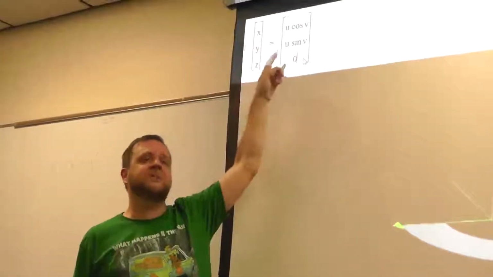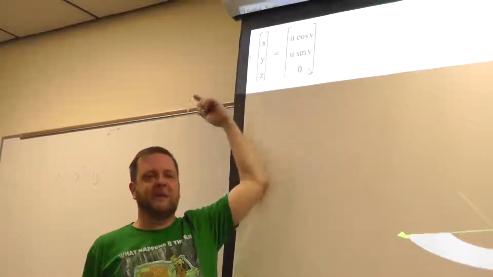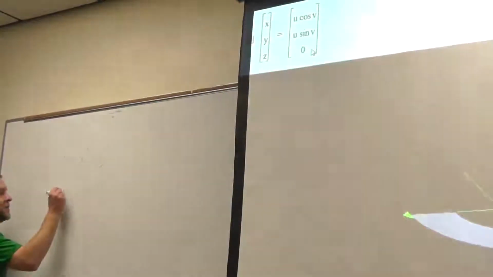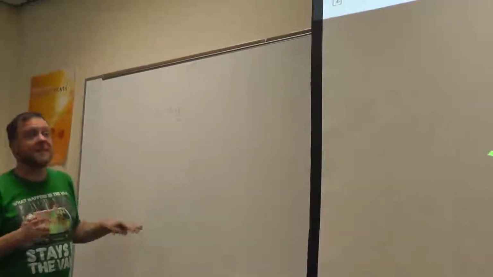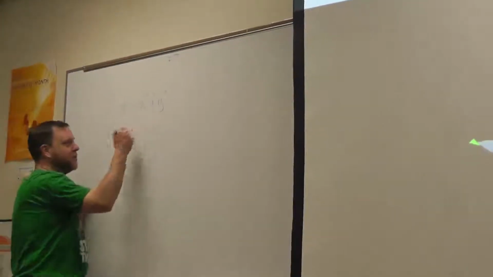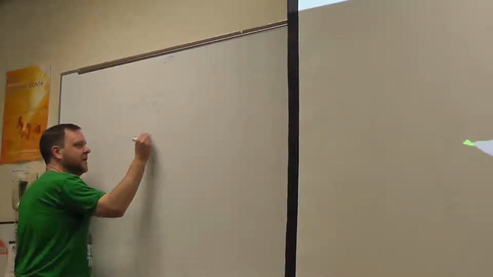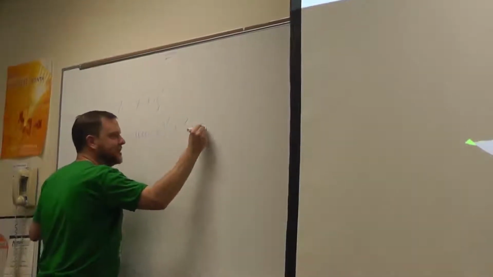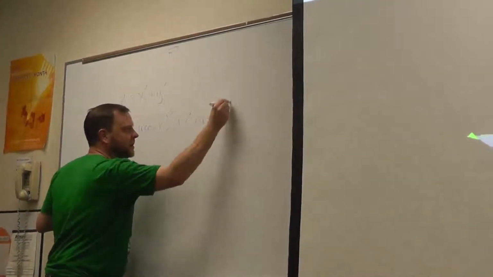I'm using polar coordinates, and I've already made a designation for what x and y stand for. If you substitute u cosine v for x and u sine v for y, this will guarantee to give you a paraboloid, or at least some part of the paraboloid based on what you're using for u and v.